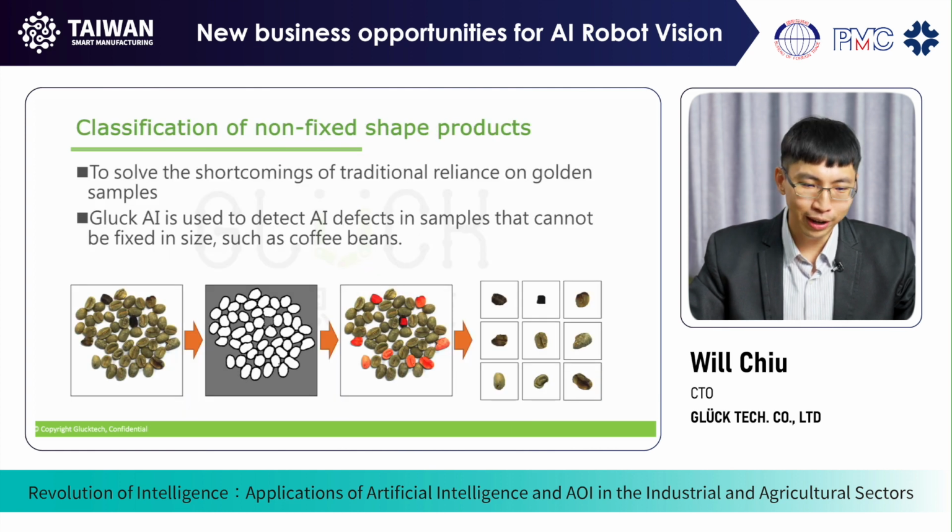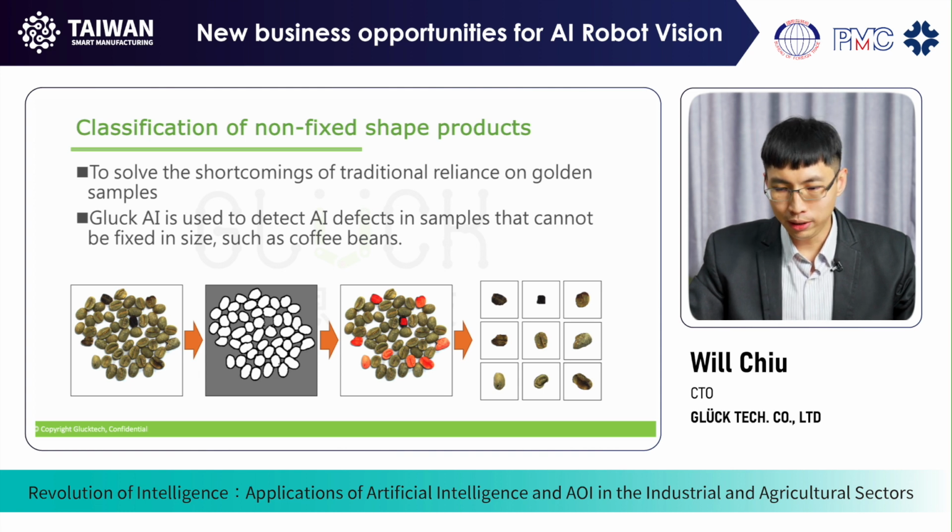You can see the slide, it including a lot of different shaped coffee beans. And using AI for coffee bean counting and defect detection is faster and more accurate than traditional method. It also reduces the risk of the misjudgment caused by variations in coffee bean size.